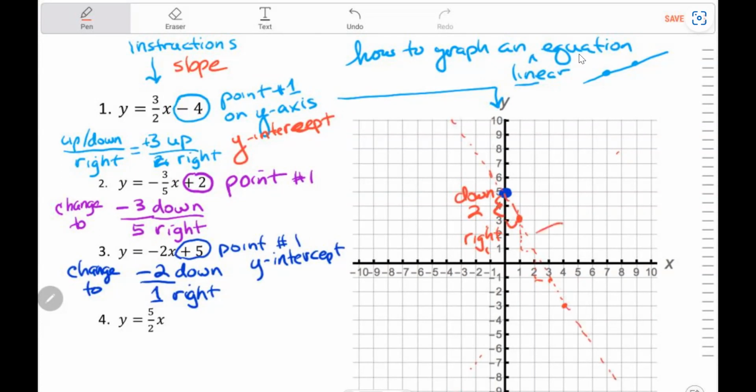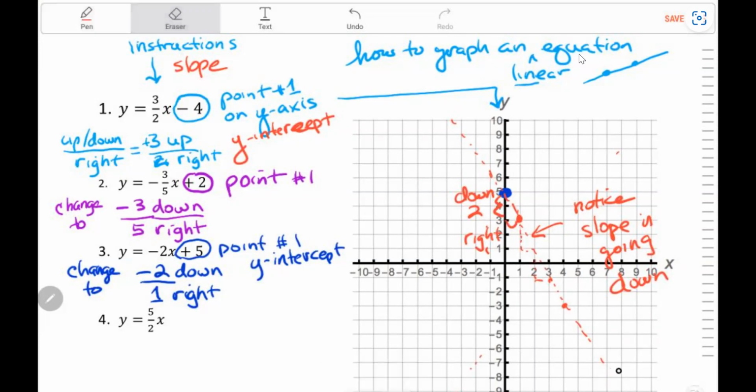One thing you could notice about this, when you go from left to right, this slope is going down. So we can see from our equations that when we have a negative sign, our slope is going to go down as it moves from left to right. A negative slope is going to move down as we go from left to right.